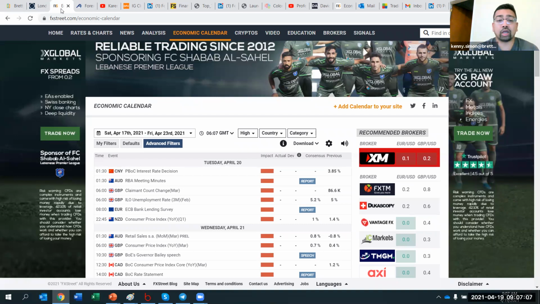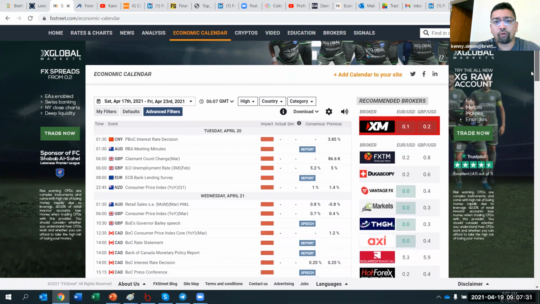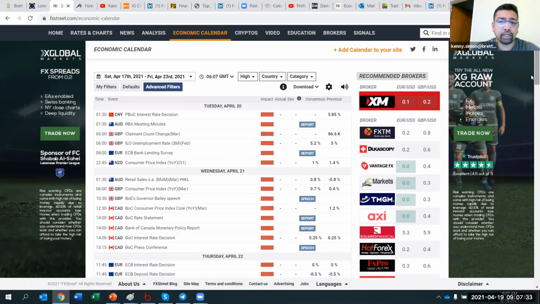For the antipodean currencies like the Australian dollar and the New Zealand dollar, we're looking at the central banks' meetings as well as decisions to be made, and with the New Zealand dollar, we've got CPI. So as you can see, we've got quite a nice line of events that may create lots of volatility.